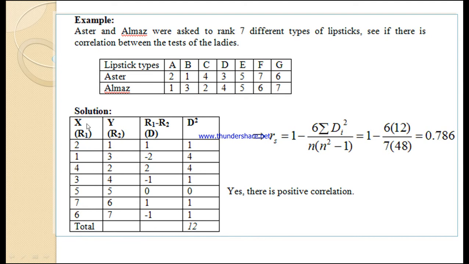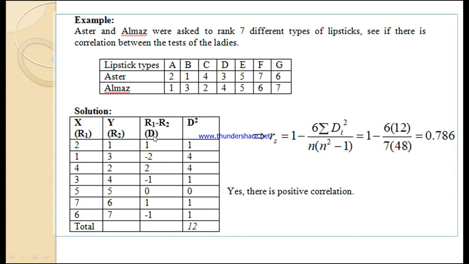Therefore, the difference between the ranks given by x and y, or Aster and Almas, for the 7 different types of lipsticks is calculated in this way. The difference between 2 and 1 is 1. 1 minus 3 is negative 2. 4 minus 2 is 2. 3 minus 4 is negative 1. 5 minus 5 is 0. 7 minus 6 is positive 1. 6 minus 7 is negative 1.